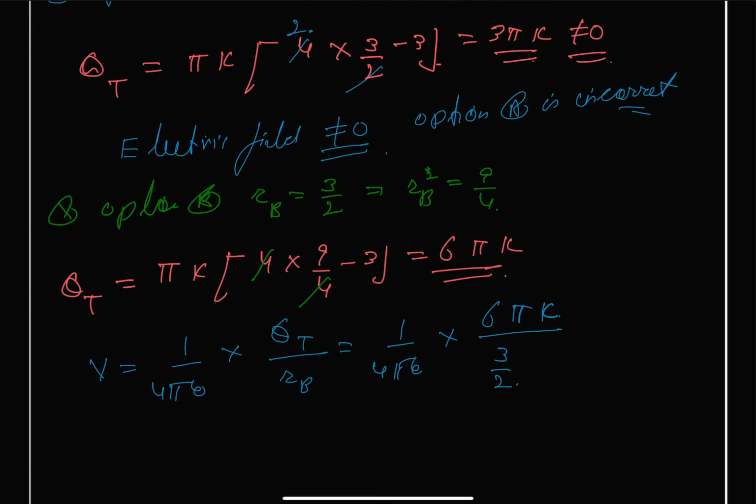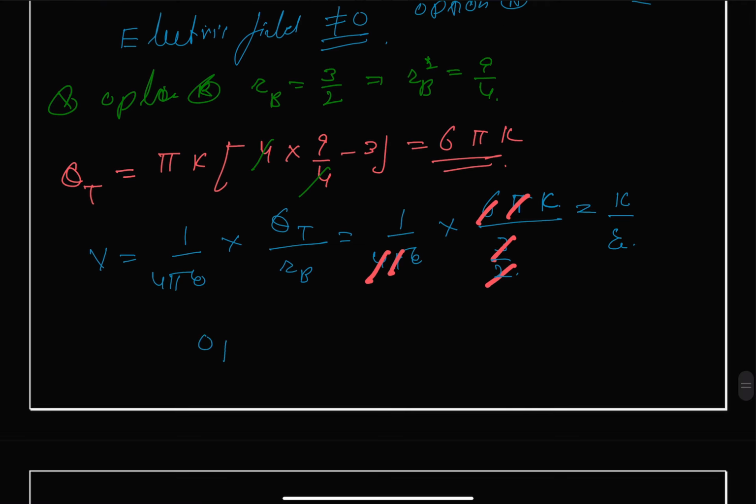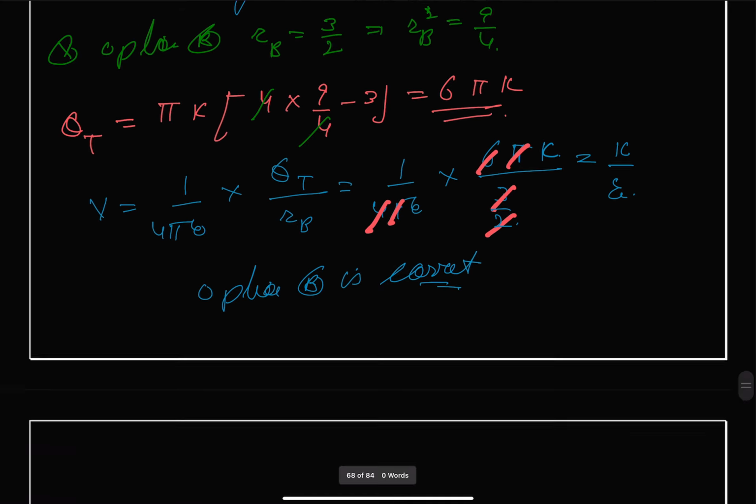So this comes as 12, and pi also goes, so this comes as K upon epsilon naught. So option B is correct. Next value of RB is our option C, that is 2.